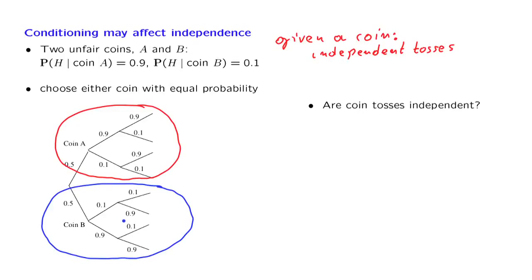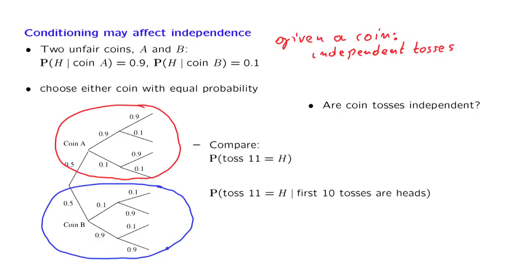And by this we mean a question that refers to the overall model. In this general model, are the different coin tosses independent, where you do not know ahead of time which coin is going to be? We can approach this question by trying to compare conditional and unconditional probabilities.